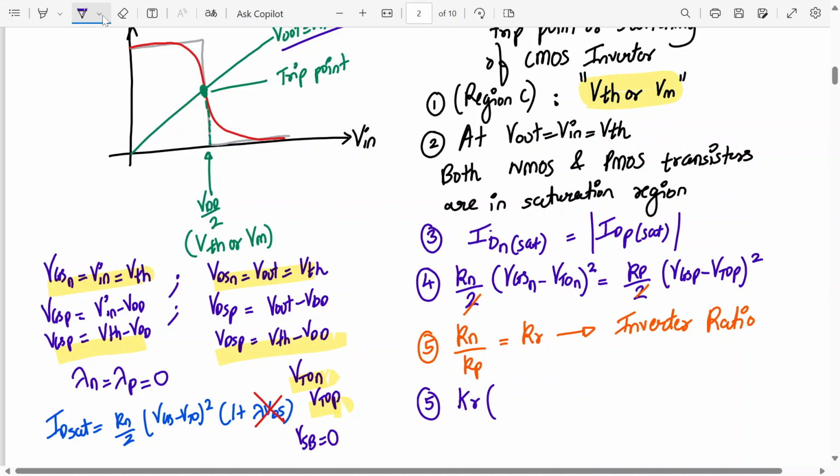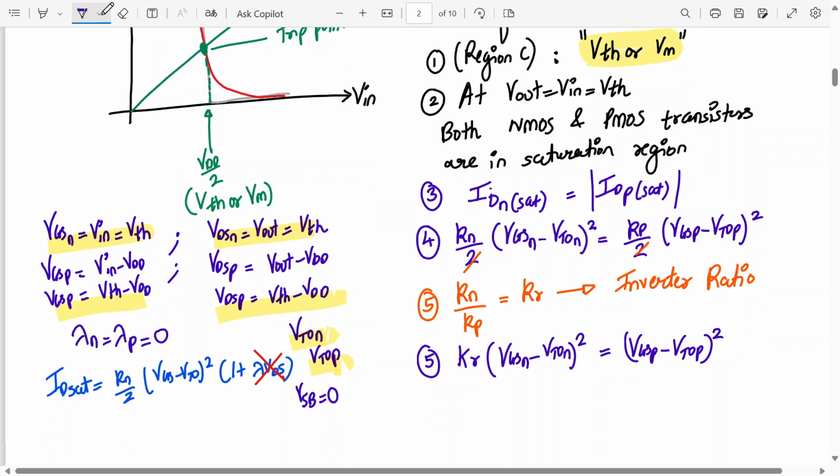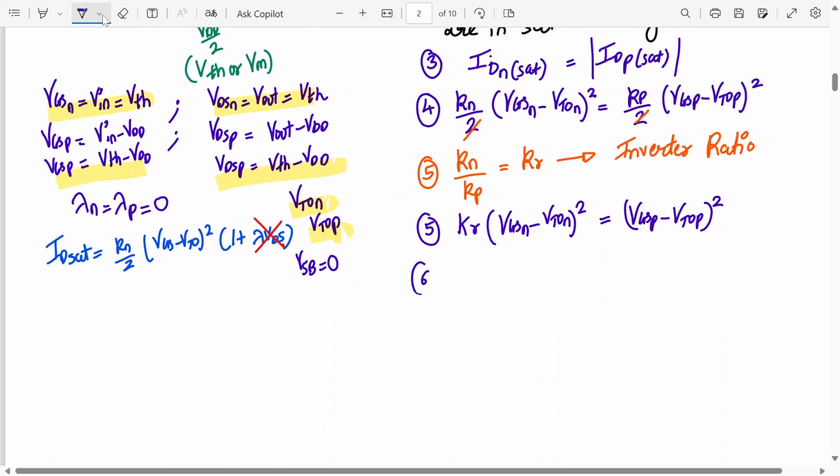First let me write it like this only, (VGSN minus VTON) the whole square, and here we'll have (VGSP minus VTOP) the whole square. Then we open the bracket over here, so it will be Kr into, what is VGSN?